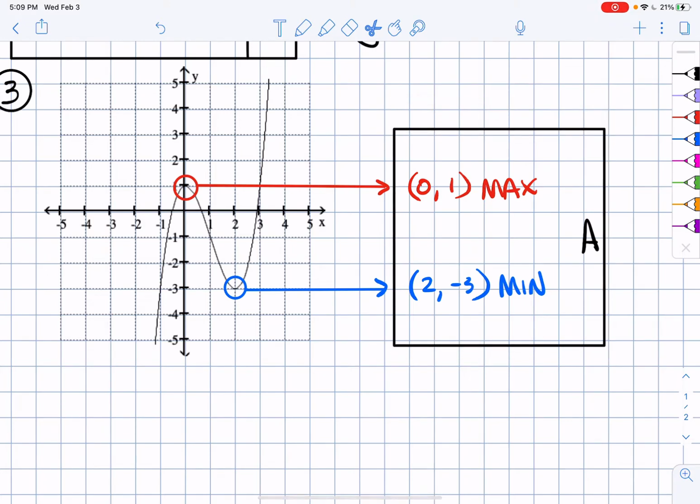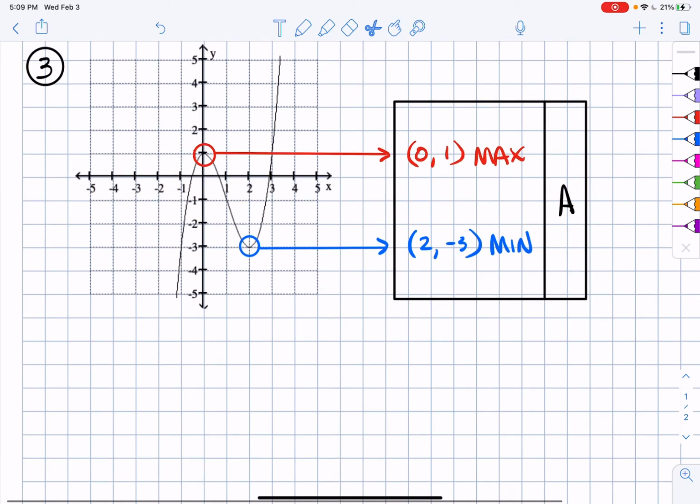All right, let's just do this. There we go. All right, so that's choice A.